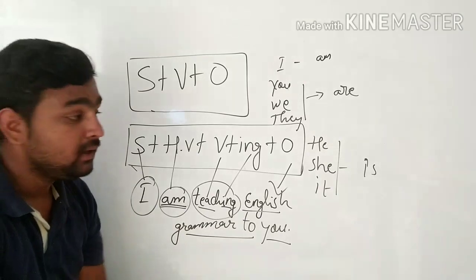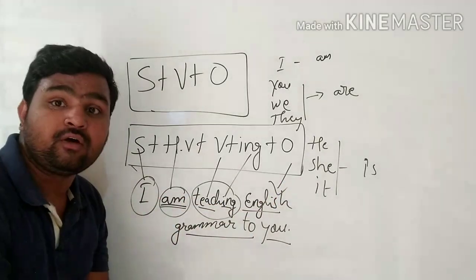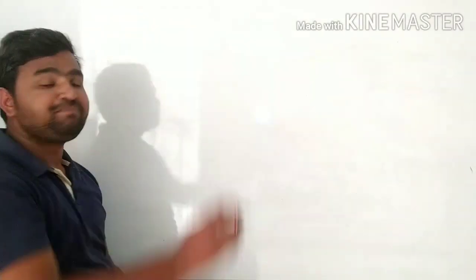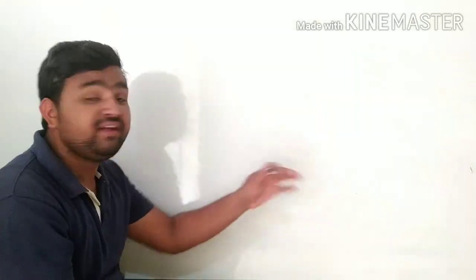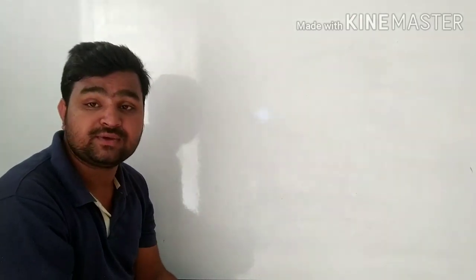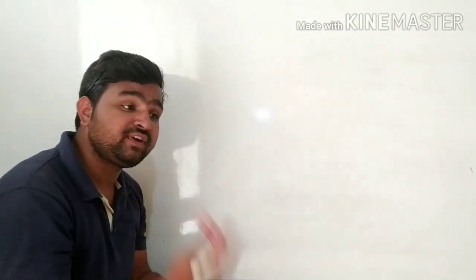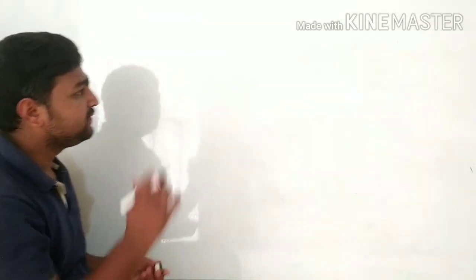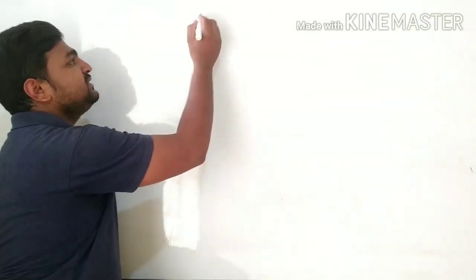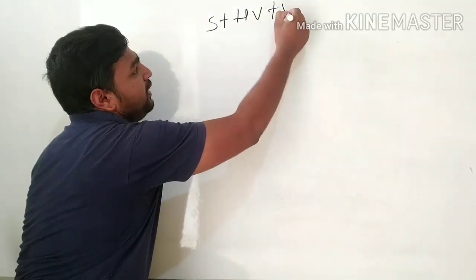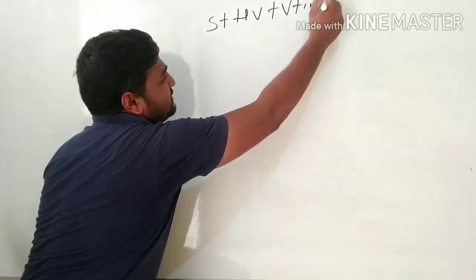Let's see how we can transform the same sentence into a negative one. Already we have discussed how to frame a positive or affirmative sentence in present continuous tense. Let's go to the next one, how to frame a sentence in present continuous using the negative sense, right? The structure we have discussed earlier is subject plus helping verb plus main verb plus ing plus object.